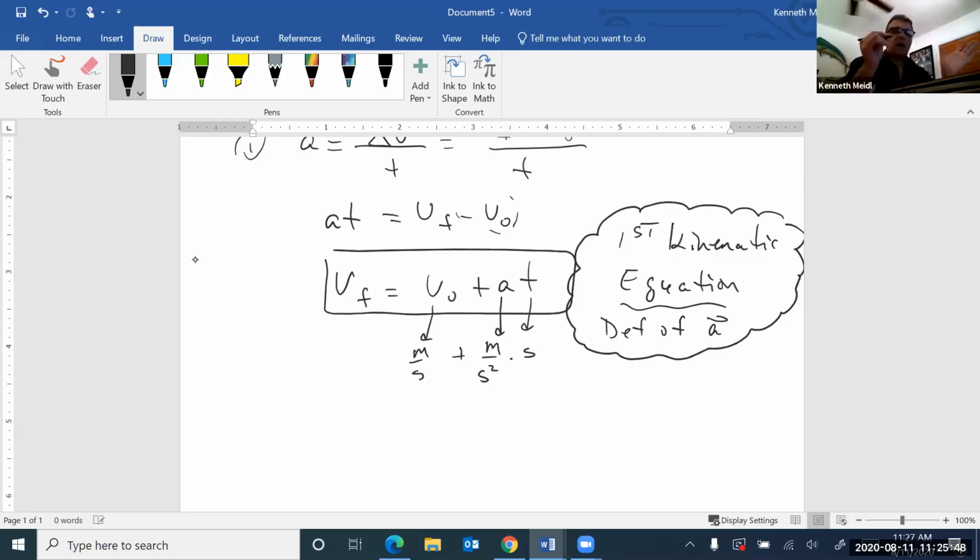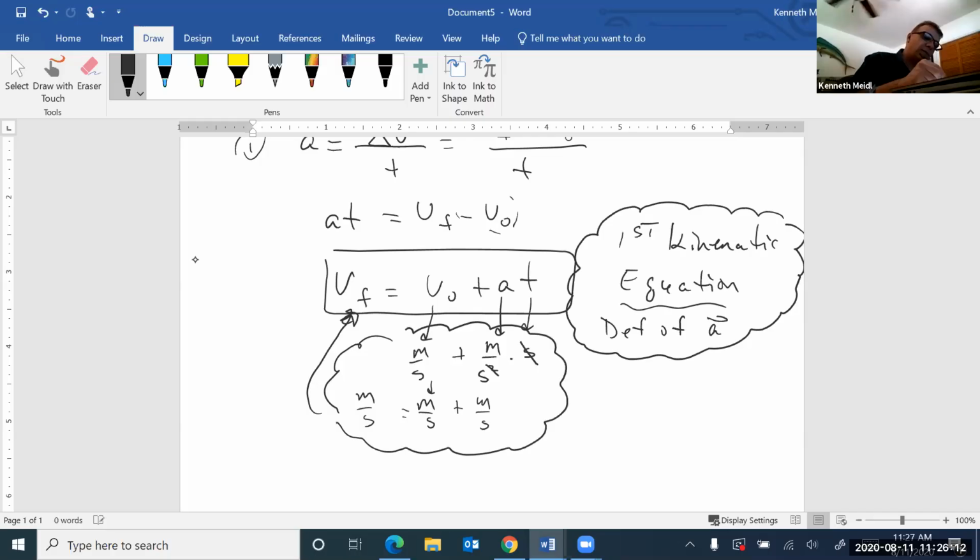Now, there's an operation being done here with units, but if I take a look, the second on the bottom cancels, so what I have here is meters per second from this term plus meters per second, and meters per second plus meters per second is meters per second, which is exactly the units of a velocity. So that's what we want to see. If I put the right units in, it's always going to calculate the right units. So that's our first kinematic equation.